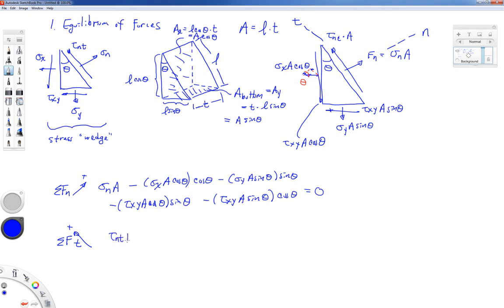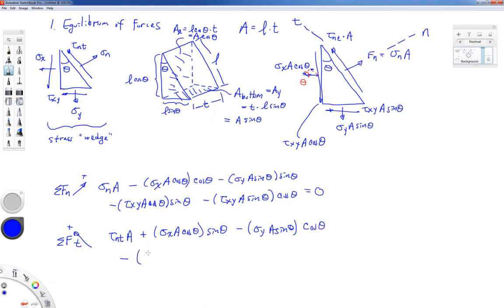In the same way, I can also have the summation of forces in the t direction. I'll have the force tau nt times A. Now this component is in the positive t direction. The force sigma x A cosine theta, we have the sine theta component, minus sigma y A sine theta, that force times the cosine theta component.